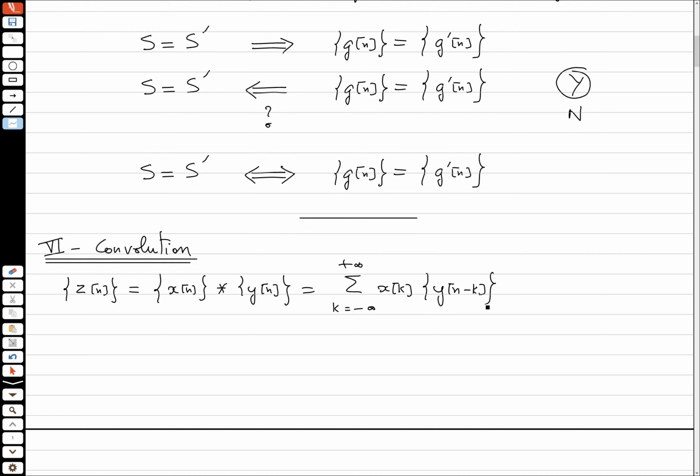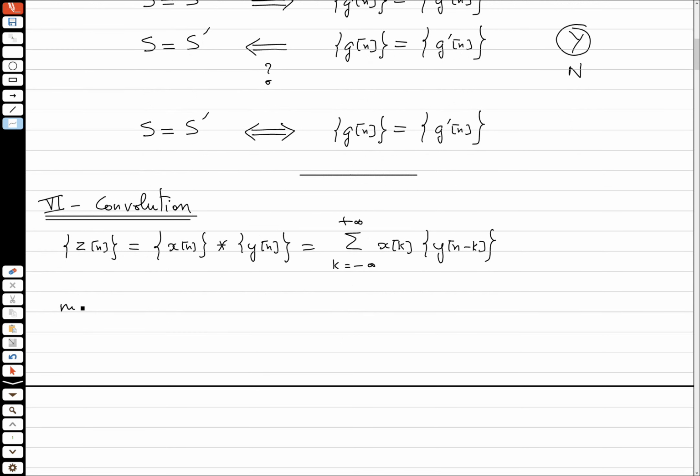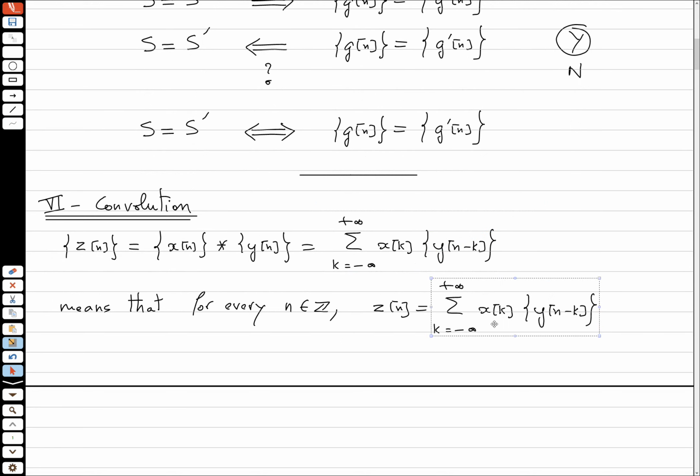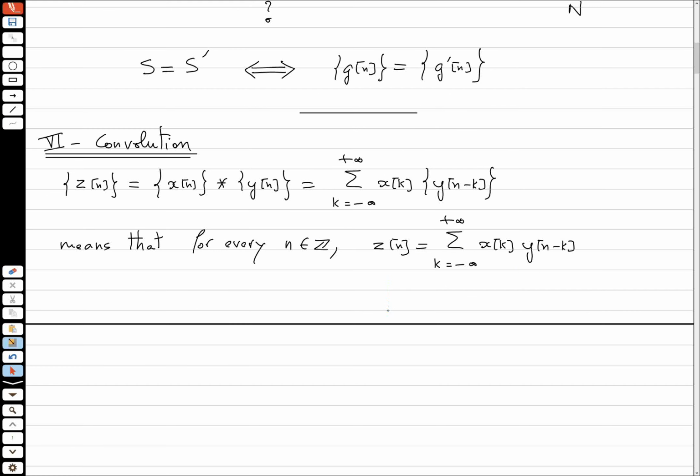But this means that for every n, z of n is the sum, is this, all right? So this is the definition. So the first thing about convolution is to know the definition.